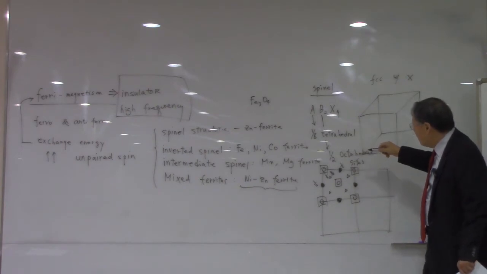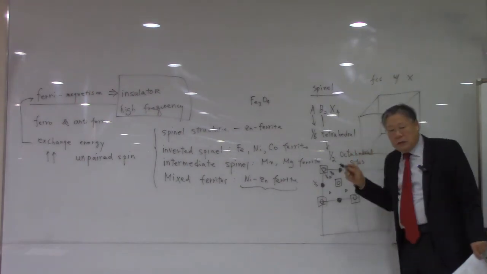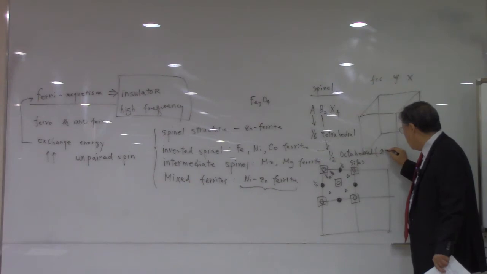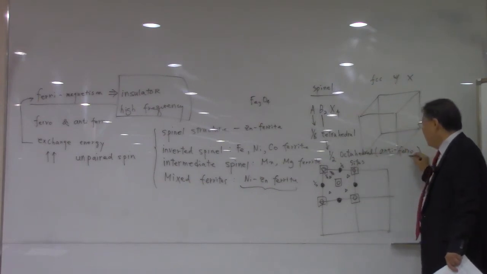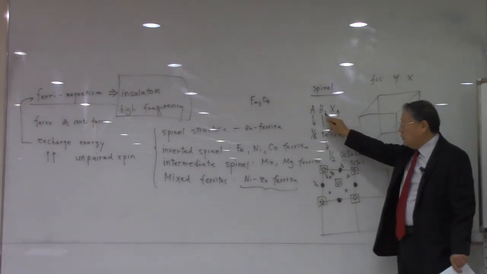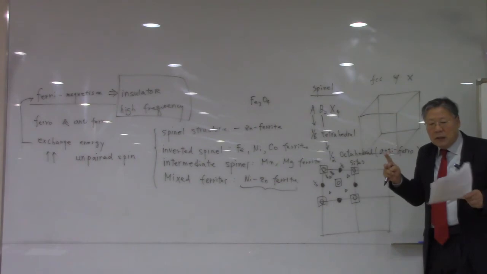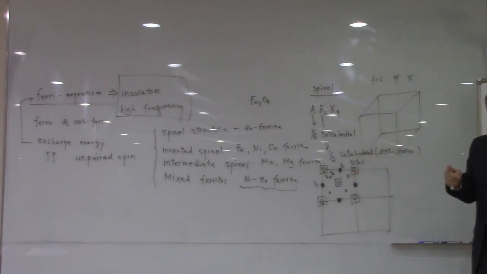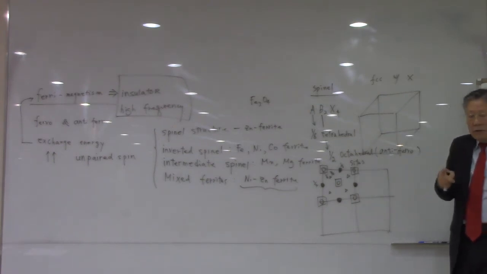Okay, and these octahedral site atoms are anti-parallel, anti-ferromagnetic, which means there are 2 B atoms, and these B atoms have the lowest exchange energy when their unpaired spins become anti-parallel.